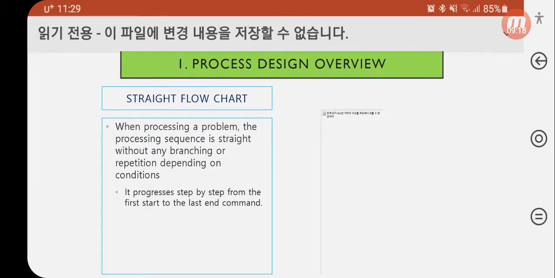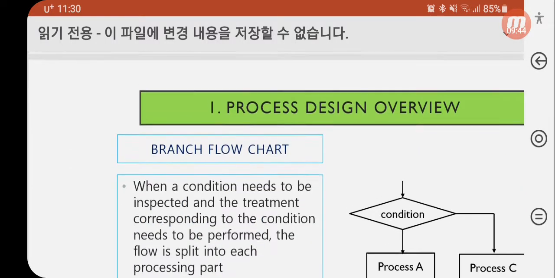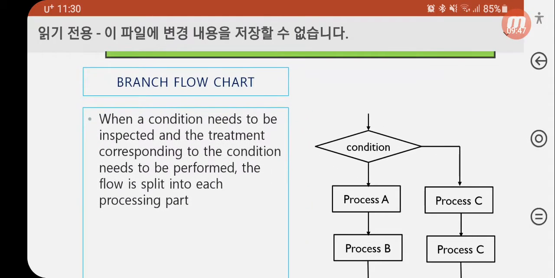Straight flowchart. When processing a problem, the processing sequence is straight without any branching or repetition depending on conditions. It progresses step by step from the first start to the last end command. A branchy flowchart.